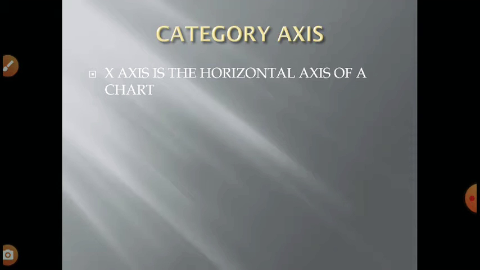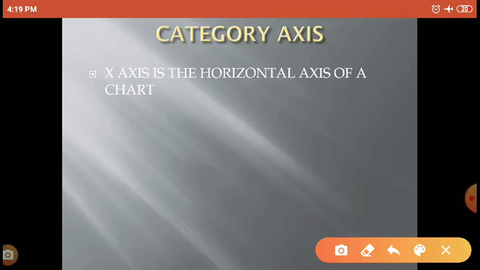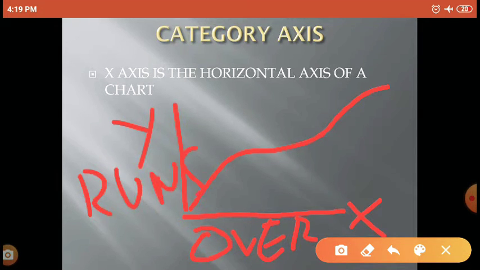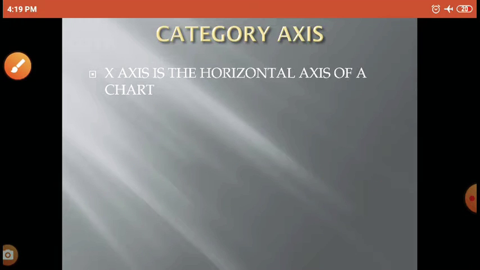If this is a chart, this is an x-axis, this is a y-axis, and if some charts are drawn here, out here can be overs, this can be runs. So this x-axis is called your category axis. Okay class, let us see with the help of a picture.